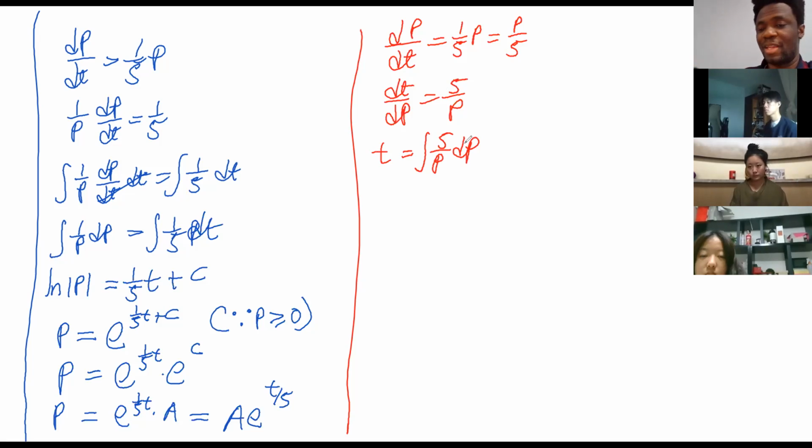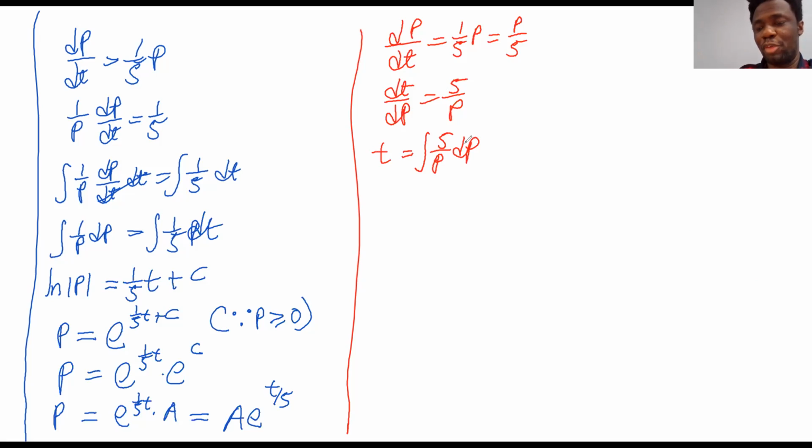Now, if you notice, when you have dt/dp as 5 over p, you are more or less also doing the separable variable method. How do I mean? Sorry, there's a dp here. When this goes away, like maybe when you cross multiply, p dt equals 5 dp.